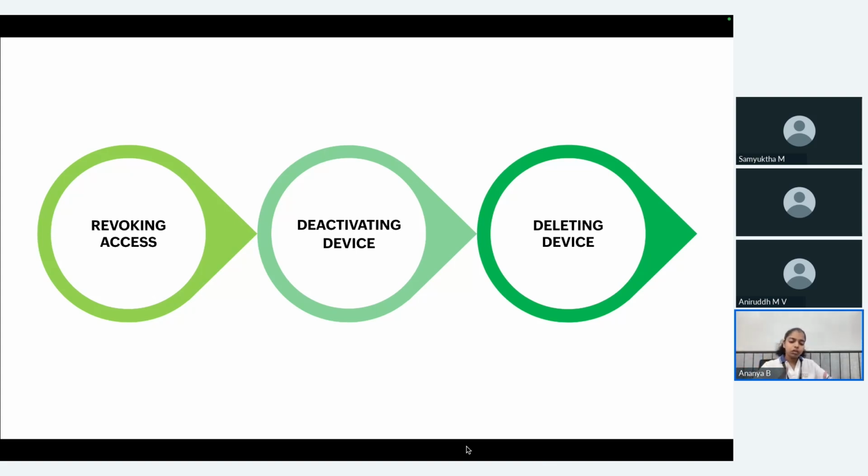And if the employee has lost the laptop, per se, the IT admin has to make sure that the device that has been stolen does not have access to any of the organization's resources, and put a stop to the unauthorized access until the device itself is back in the hands of the organization.